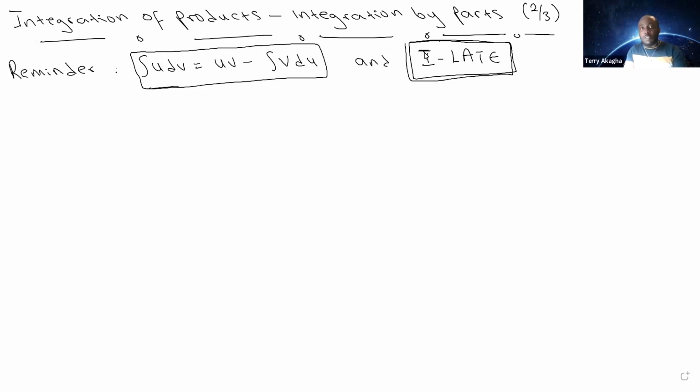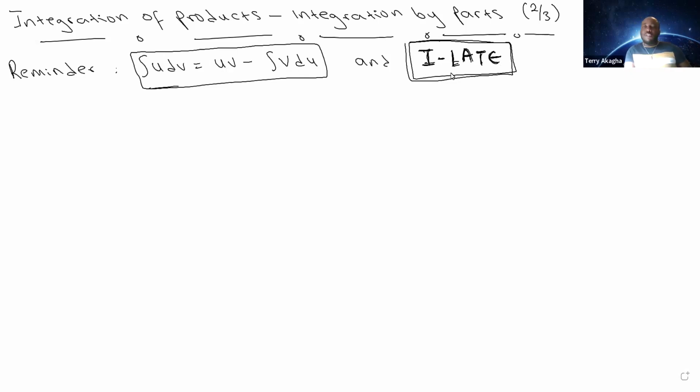And I told you how to use ILATE to determine which of them is going to be your u and your dv. The I is the inverse trigonometry, the L is the logarithm, the A is the algebra, the T is the trigonometry, and E is exponential.